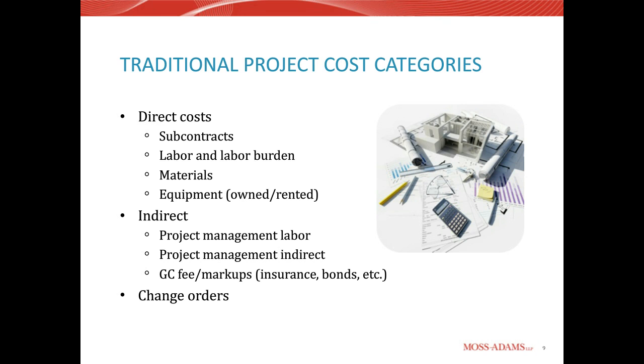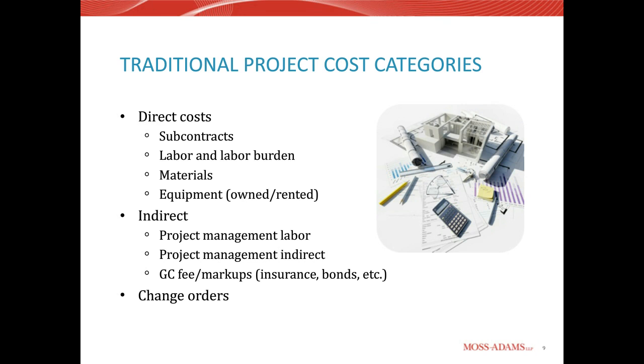Labor and labor burden costs, that can be for subcontractors and also for the general contractor. Of course, materials sometimes are in the subcontracts and sometimes they're out of the subcontracts. It just depends if there's tax benefits to keep them out or if there's a reason why they want to be kept out. And then equipment owned and also third-party rentals.